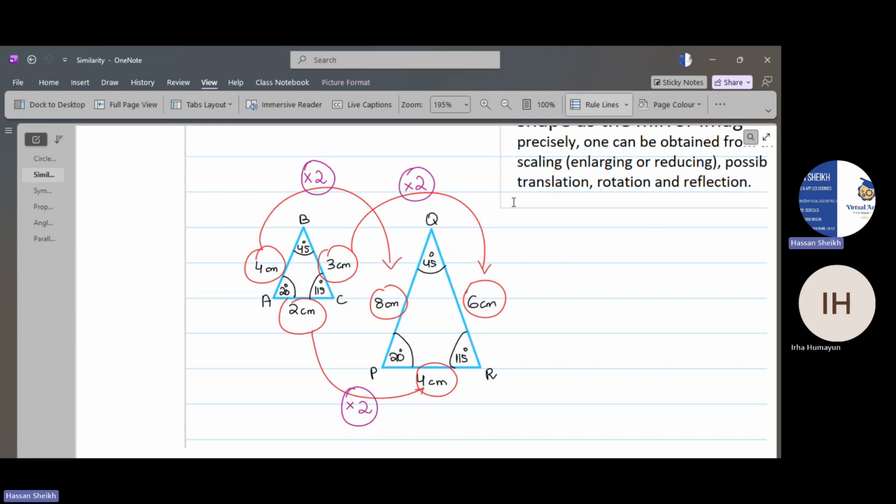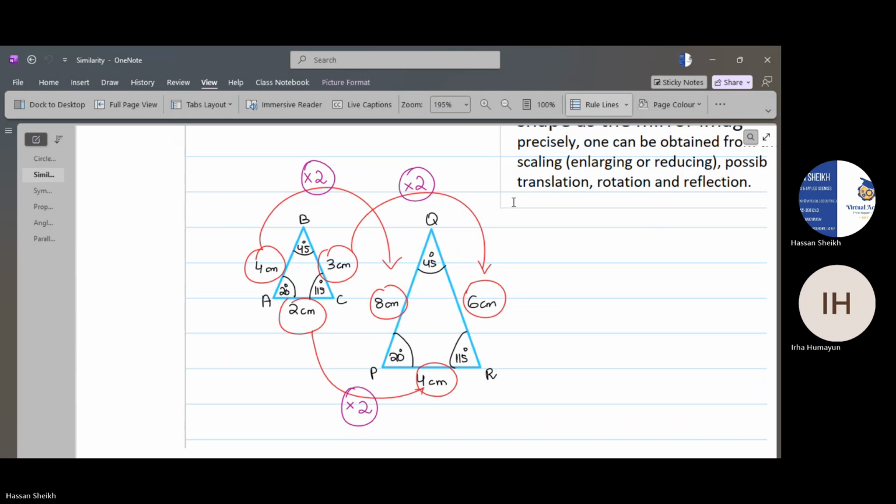What I'm trying to say is that when the lengths of the sides of triangle ABC are multiplied by 2, we get the lengths of the sides of triangle PQR. Is it correct to say that the corresponding side of triangle PQR is 2 times the length of the side of triangle ABC?